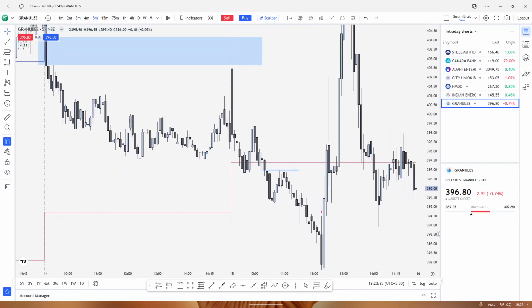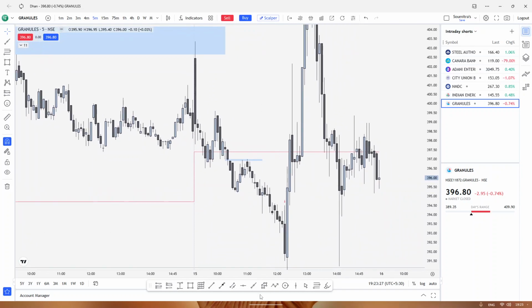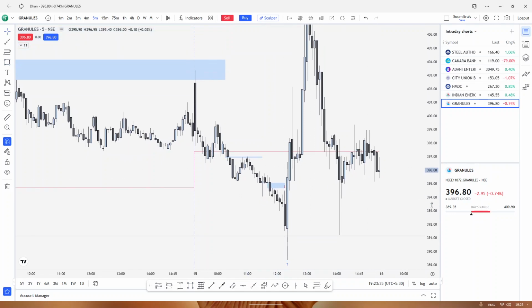So this was the first fair value gap, and then this was the second fair value gap. So the two back-to-back signals that the price actually wants to go bearish.